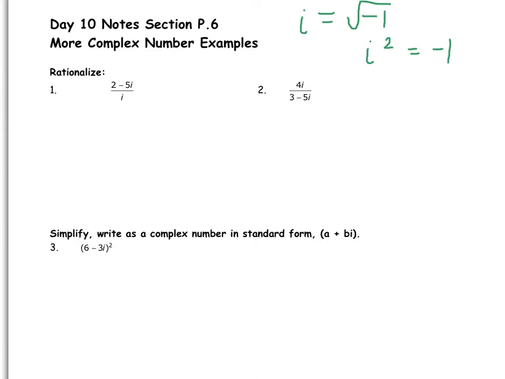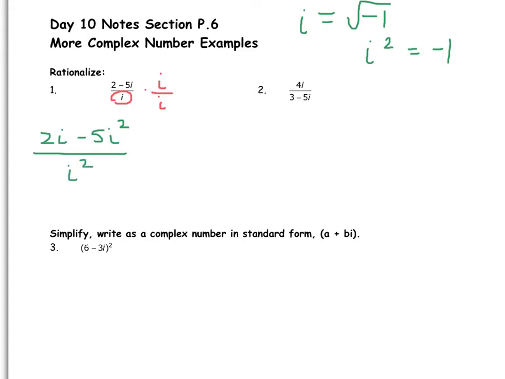So in the first problem, we've got to rationalize the denominator, which is multiplying by a single radical term, just the i. And we do that, as we saw in the last section, by multiplying by that same radical. In this case, it's going to be i over i. So as we do the multiplying through the numerator, we get 2i minus 5i squared, and the denominator becomes i squared.